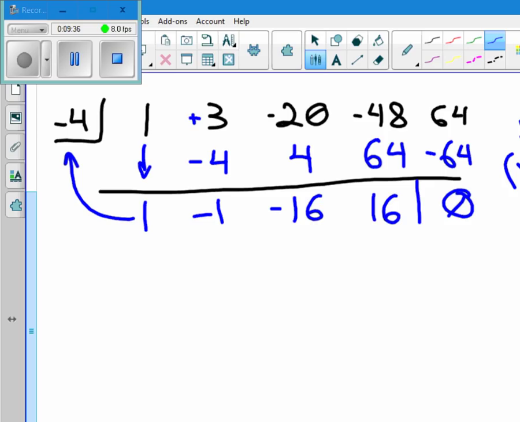And if you remember, we started off with degree 4, so this is now degree 3, 2, 1, and then your constant.